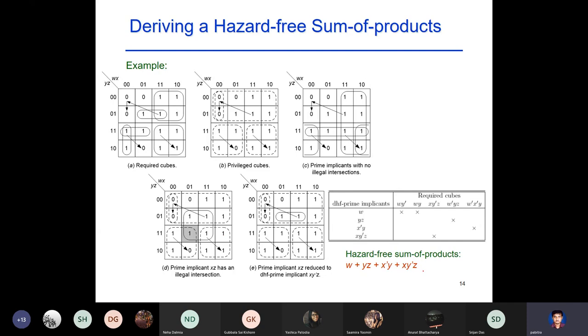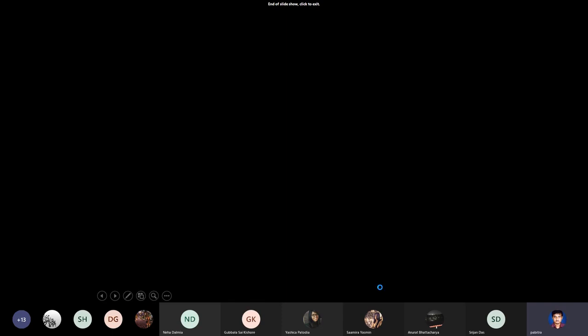This is the final hazard-free sum of product. You write the DHF prime implicants and find the required cubes. By a similar method, with row dominance and column dominance, you find the final sum of product form. This will give you a hazard-free sum of product.